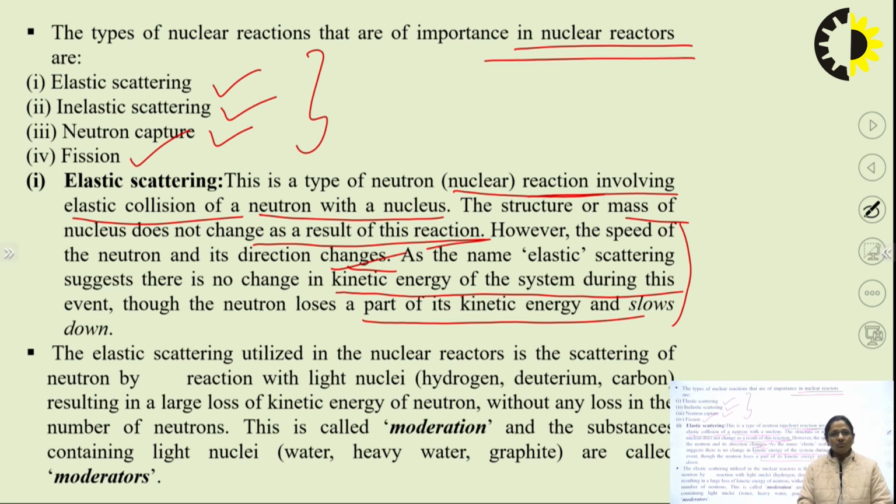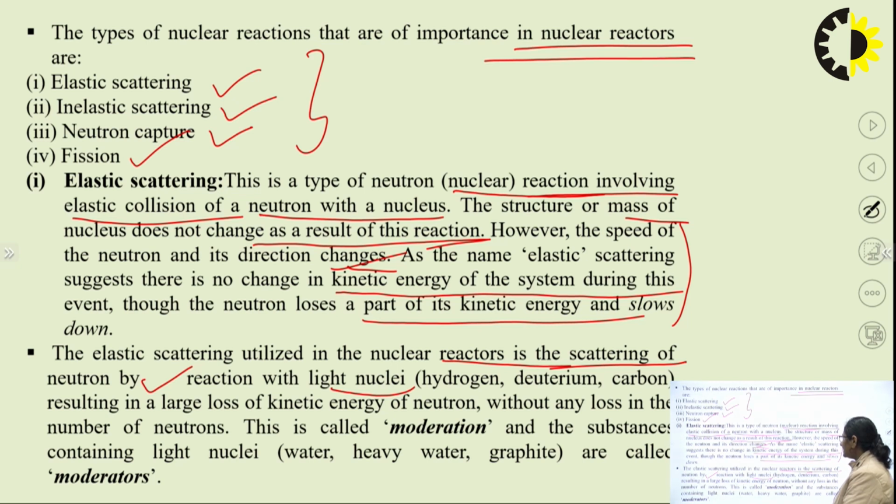Now let us see what is the utilization of elastic scattering in nuclear reactors. The elastic scattering utilized in the nuclear reactor is the scattering of neutron by reaction with light nuclei, for example, hydrogen, deuterium, carbon.